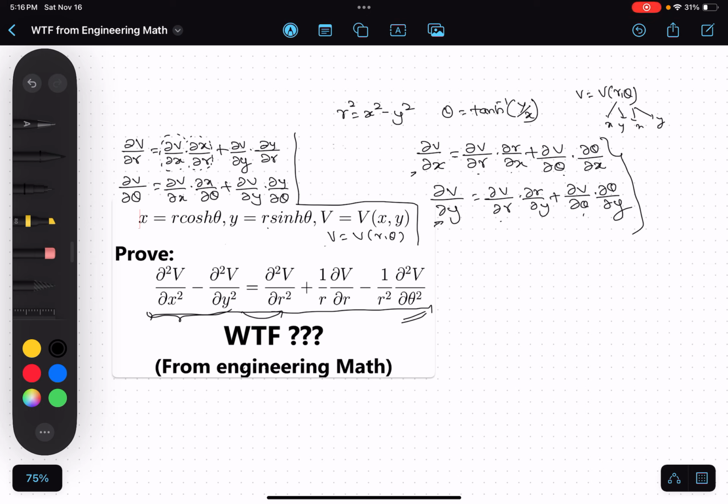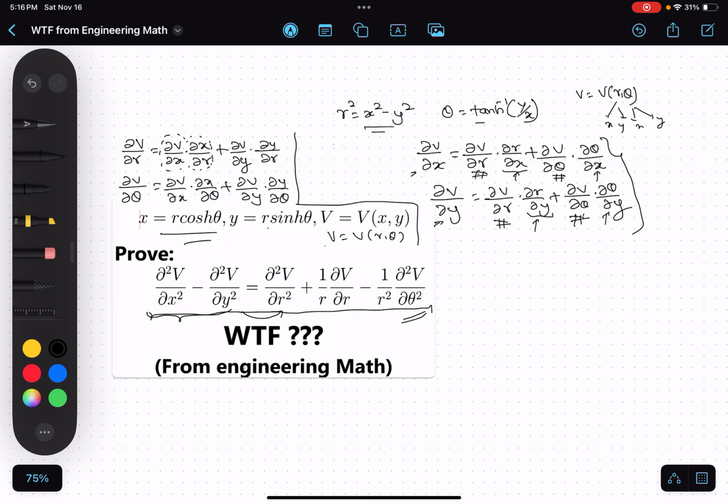We will know these middle expressions because we can find partial r partial x and partial theta partial x from this expression itself. These will be known values, and these will be unknown values.